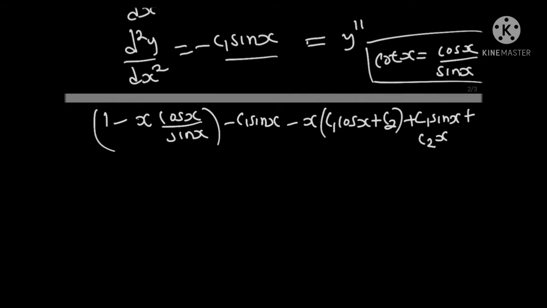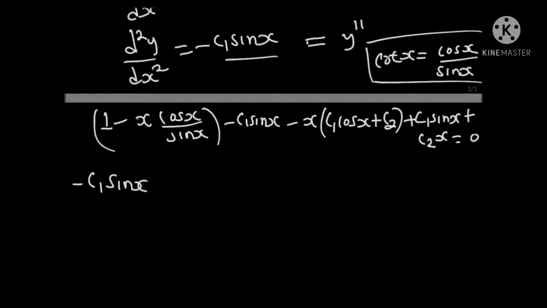Now, let's expand this expression, and of course it is equal to 0. Minus c1 sine x times 1 will give us minus c1 sine x, minus c1 sine x times x cos x over sine x.